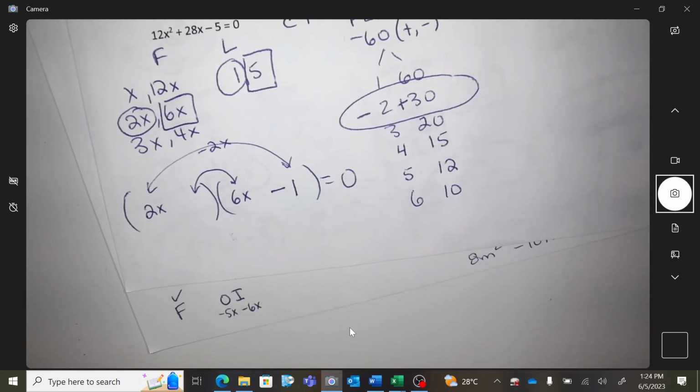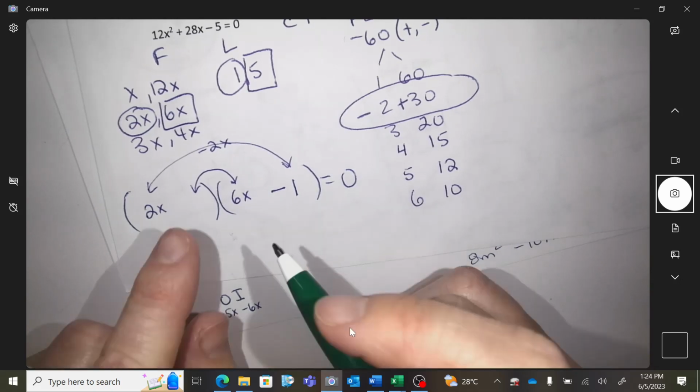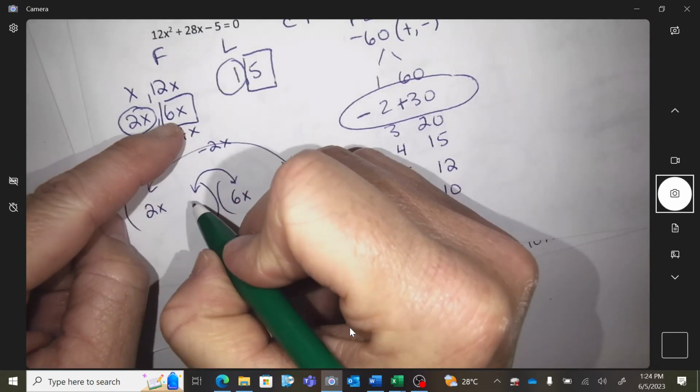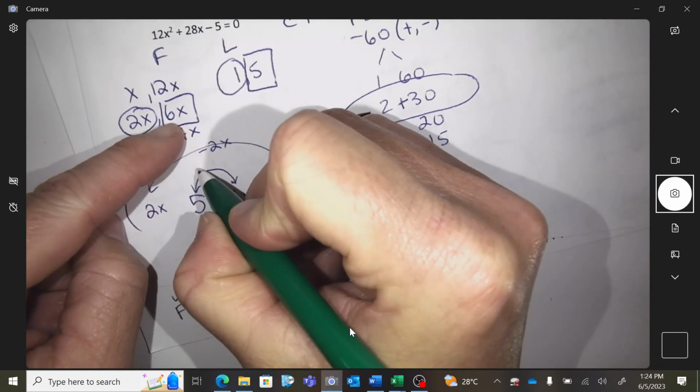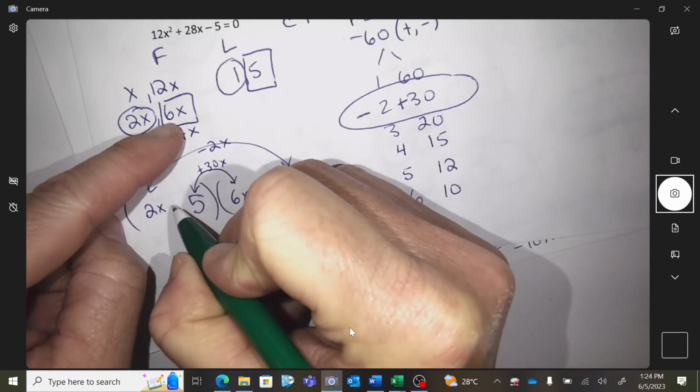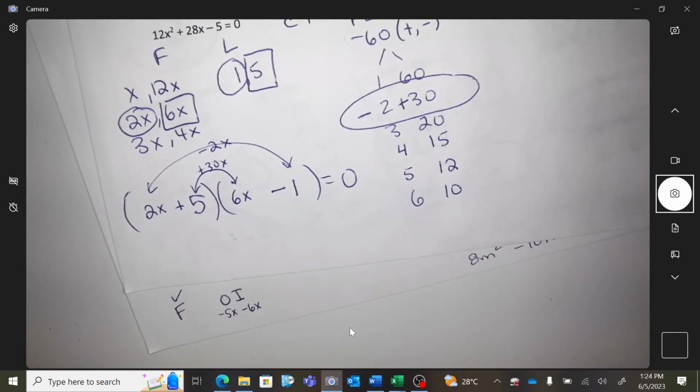So that arc is negative 2x. And then the 6x I partnered with a 5, and I wanted that to be a positive 30x. So did you see where I am putting the negatives now?